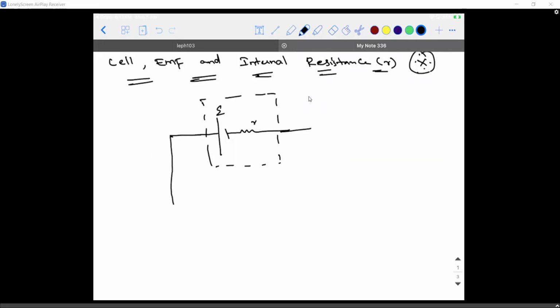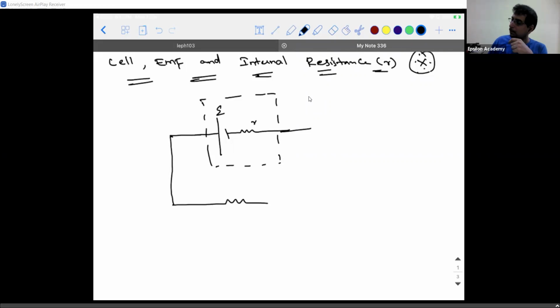Open. Now, if I take a small bulb, for a bulb I am drawing a resistor because the bulb also has some resistance. If I construct a loop like this, it forms a closed circuit. In this closed circuit, this cell starts supplying a current I.